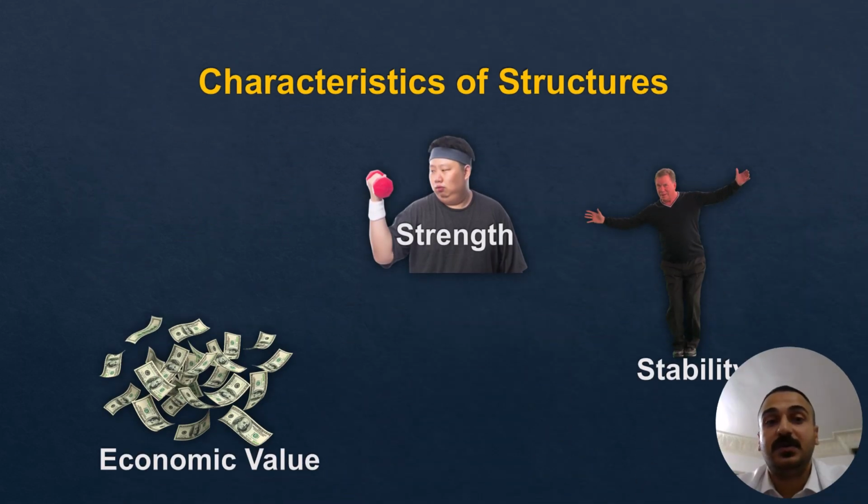Here we have three characteristics of structure, starting with strength, which is the capacity to carry the loads. Stability is the ability to keep them from falling over. And regarding the economic value, it depends on the chosen structural system and the material.